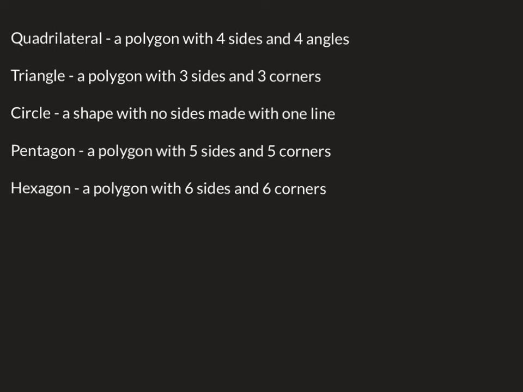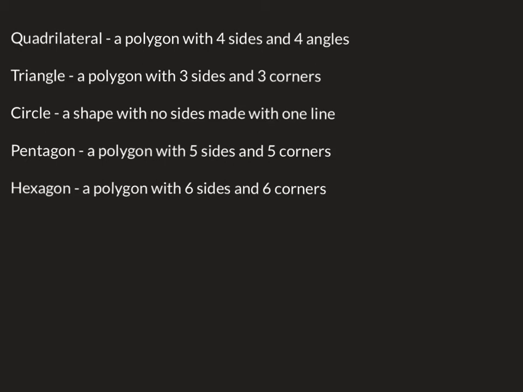Now, we learned about different types of polygons the next day. We learned about 5 different kinds so far. We learned about quadrilaterals, triangles, circles, pentagons, and hexagons. Now, in order from sides and side numbers, we can start with a circle.